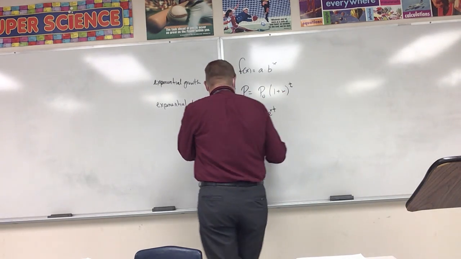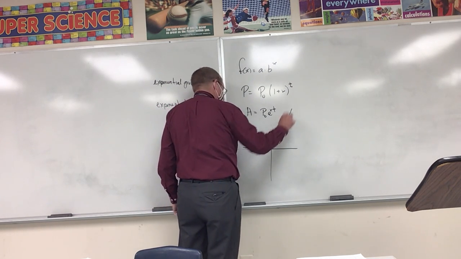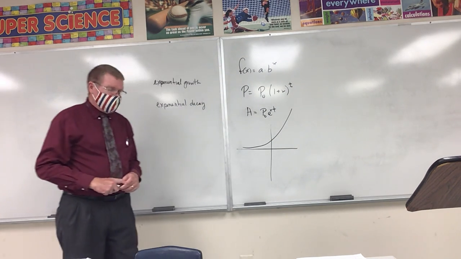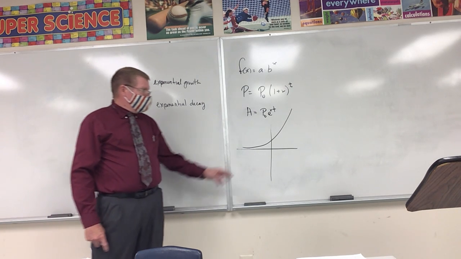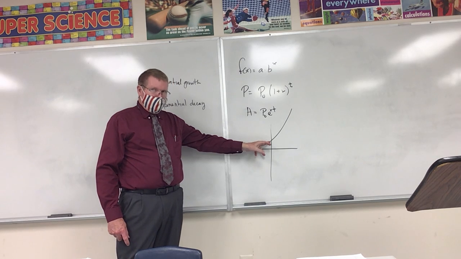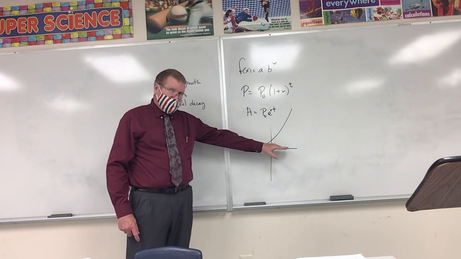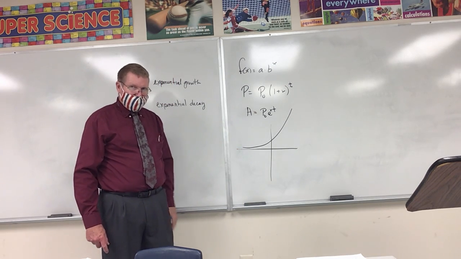Remember a growth? An exponential looks like this. My basic function always goes through 0, 1, and 1, the base, correct? We always have an asymptote at y equals 0.